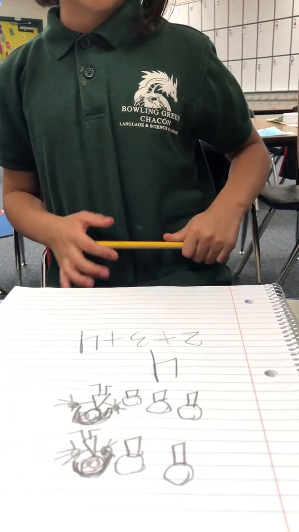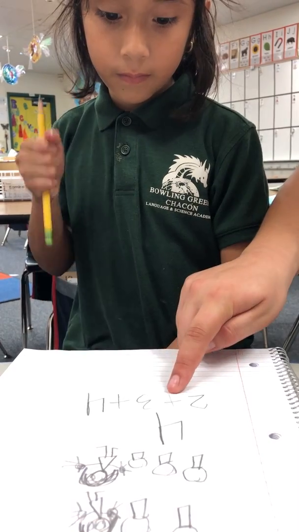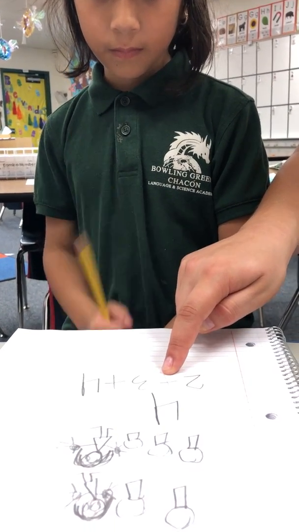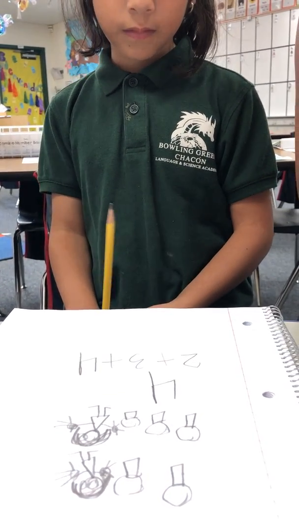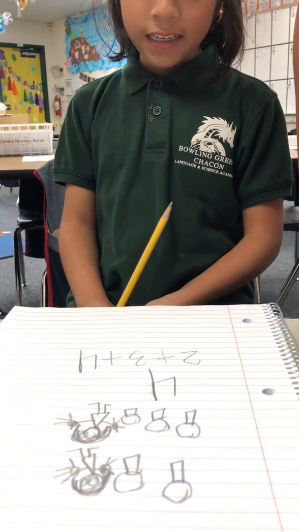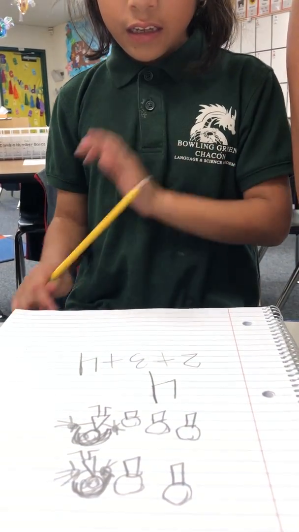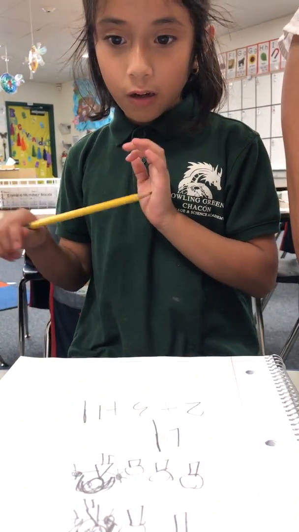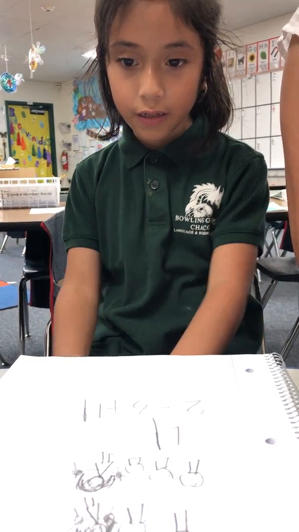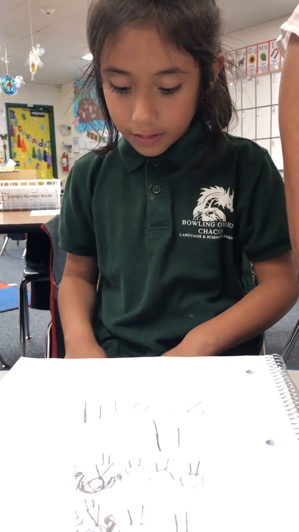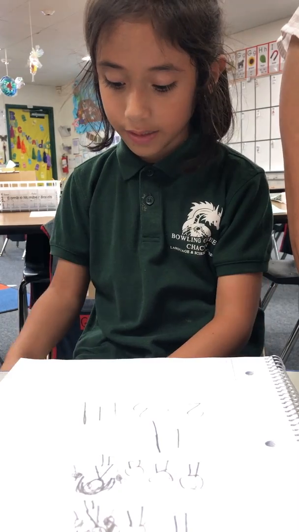Let's see. So why did you erase the plus sign and make it a negative sign? Because 3 is a small number. Okay. And 4 is a big number.